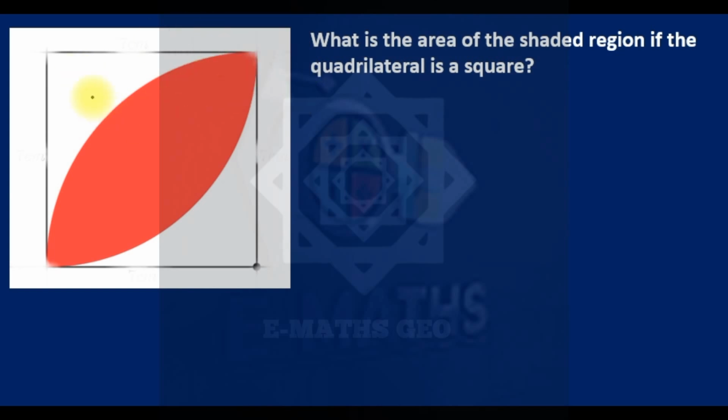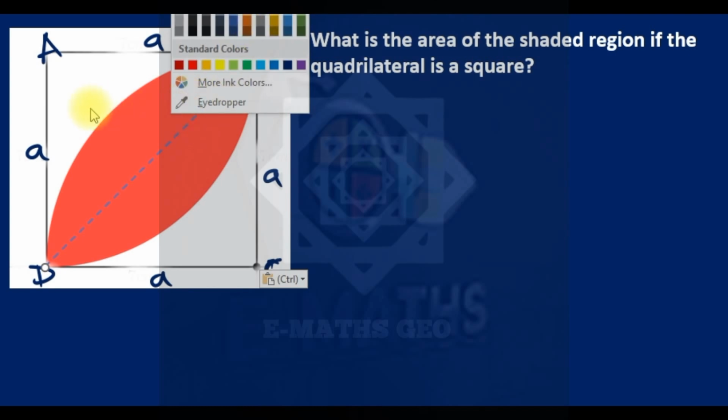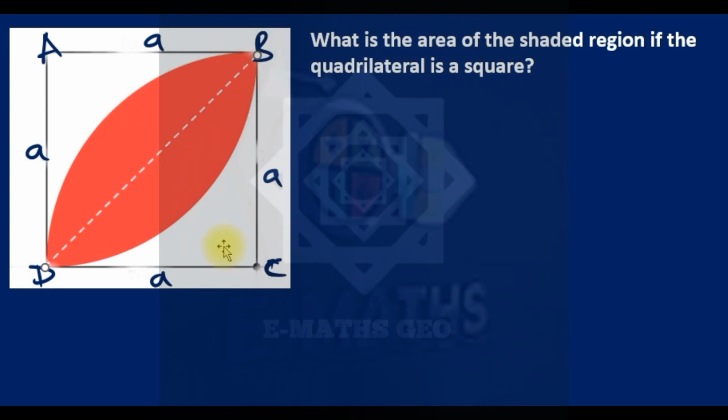Let's call the side of the square A. I will name the square A, B, C, D, and join B and D. Let's call this area A1, and here is also A1.